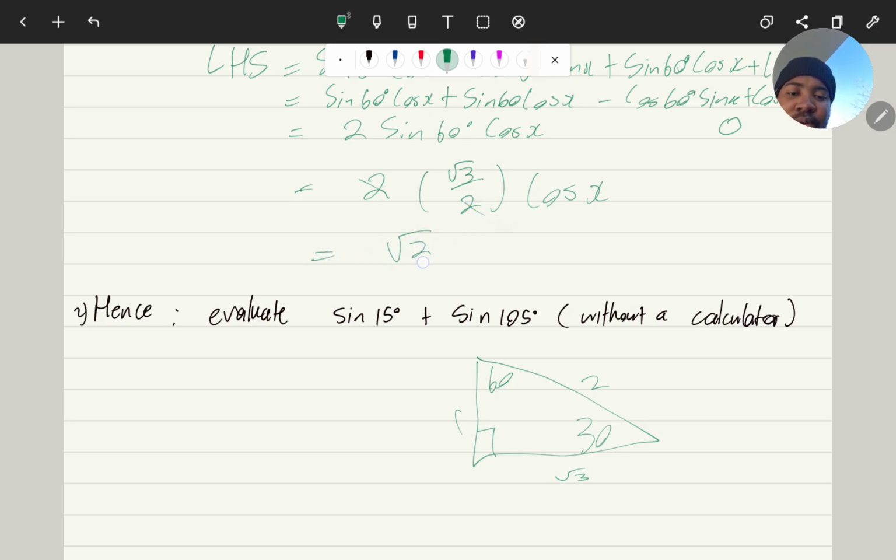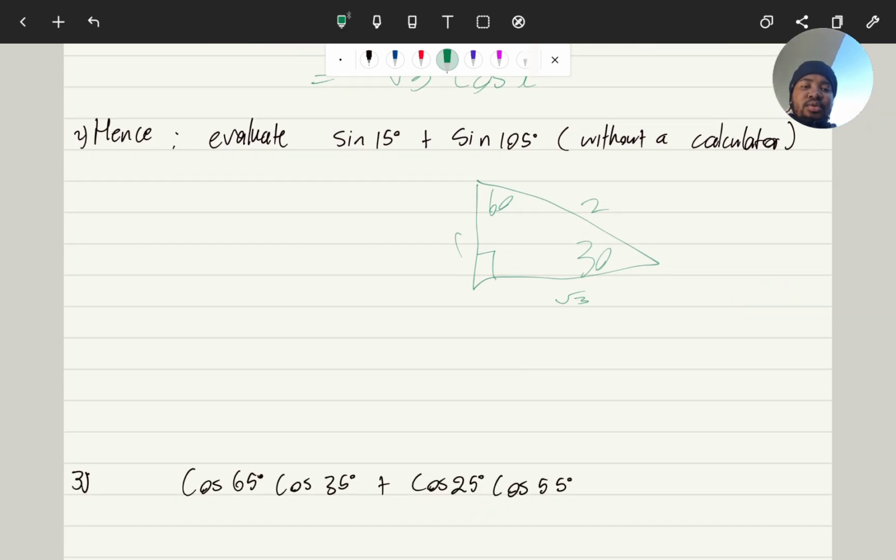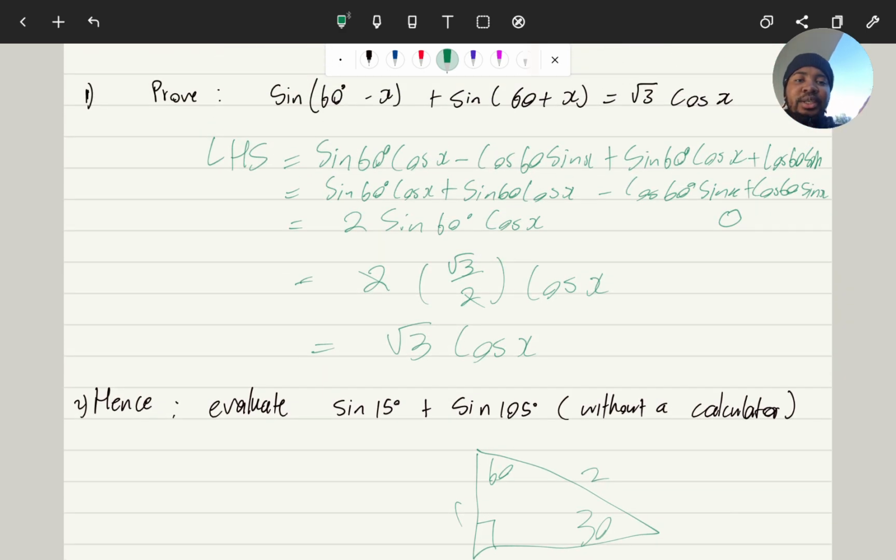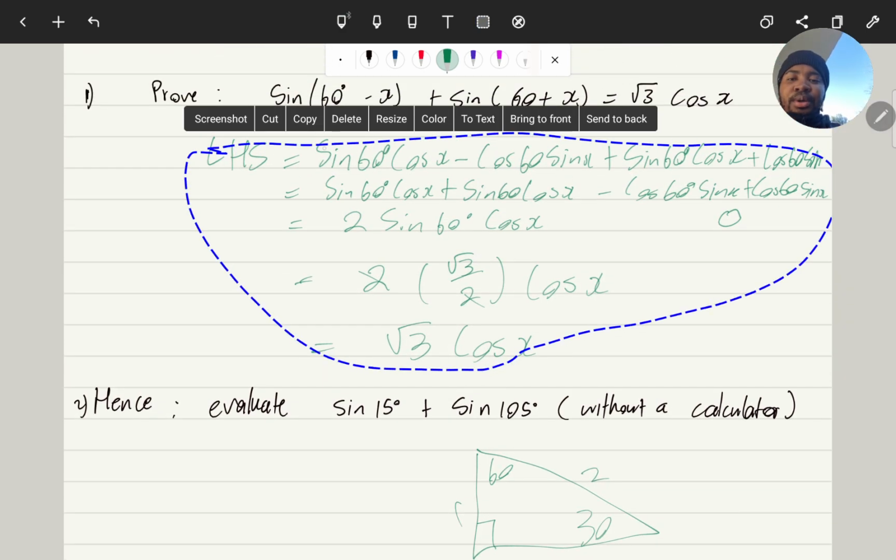Then you have square root of 3 cos x, and that's it. Let's do this one. We might need special angles here, so I'm going to throw them up here.